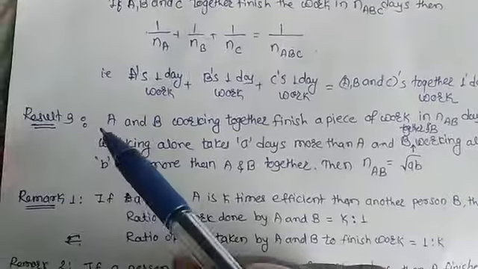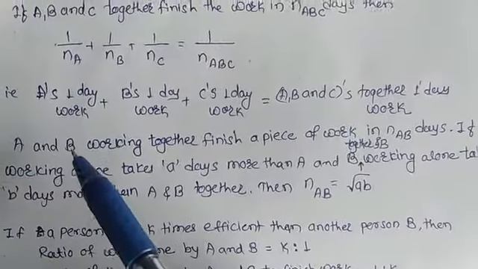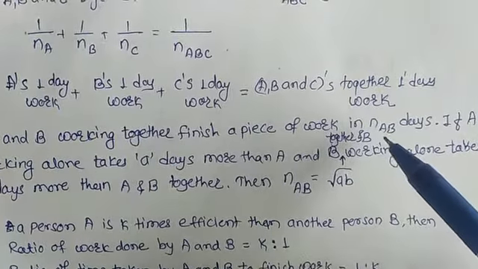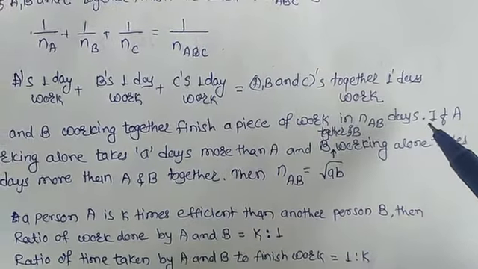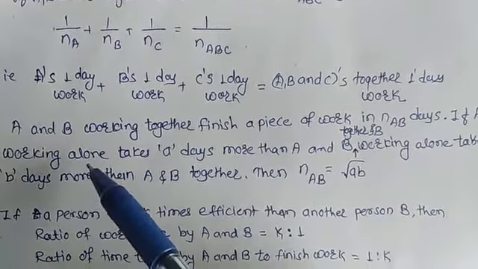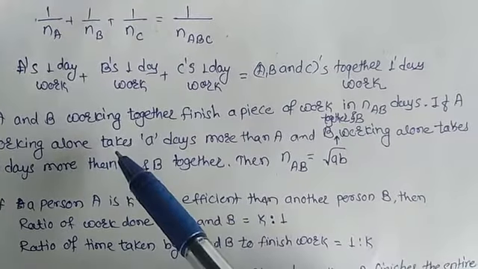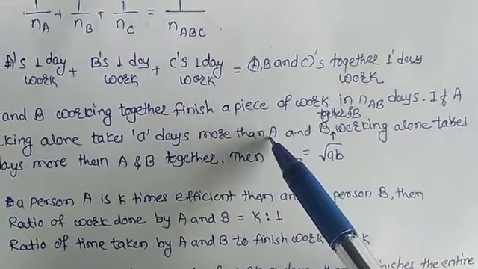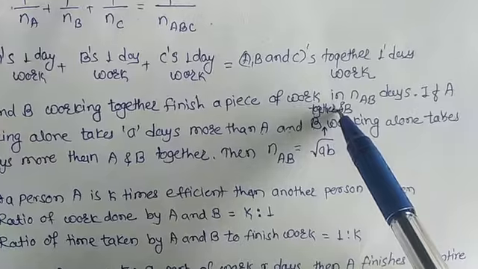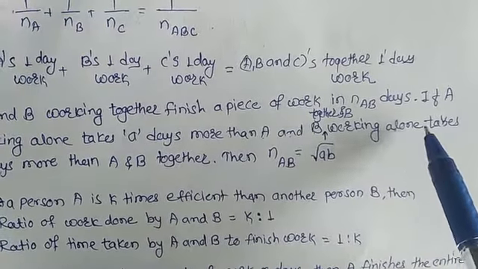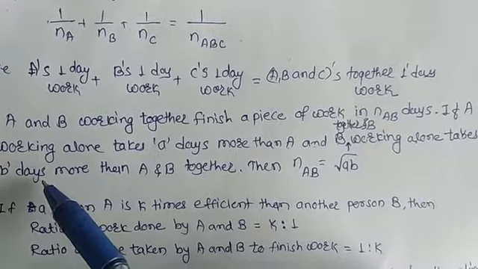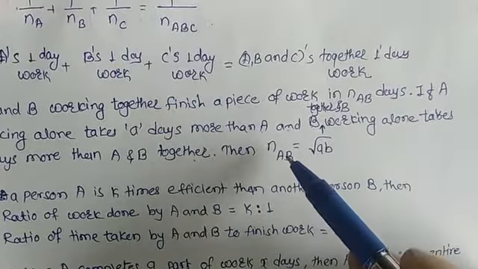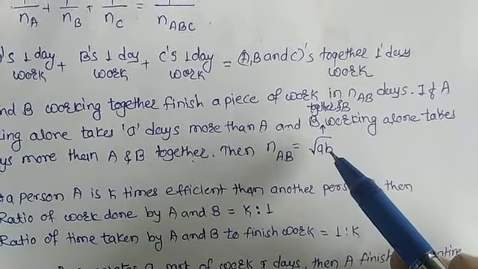The next result, number 3, is: if A and B working together finish a piece of work in n_AB days, and A working alone takes a days more than A and B together, and B working alone takes b days more than A and B together, then n_AB is equal to the square root of a into b.